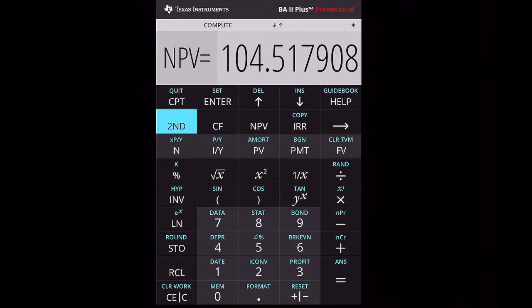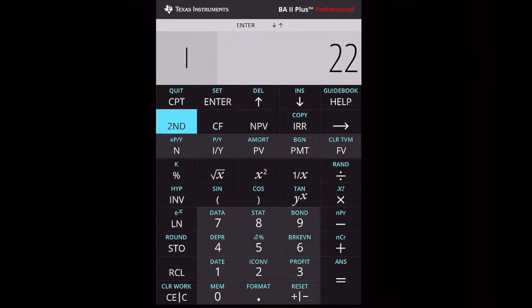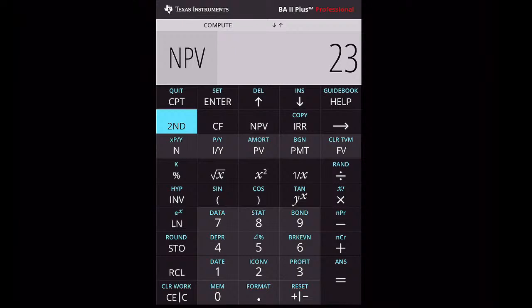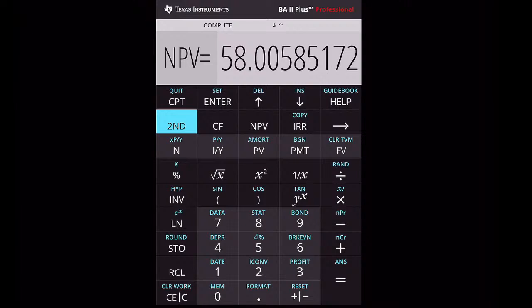If I enter 22, it's still positive. If I enter 23, it's still positive, you see? And now what's going to happen when I enter 24? It's going to be negative.